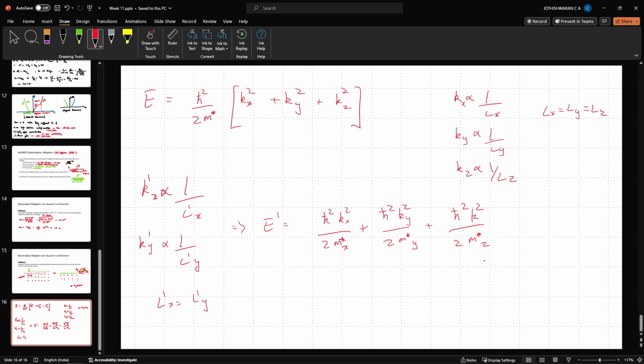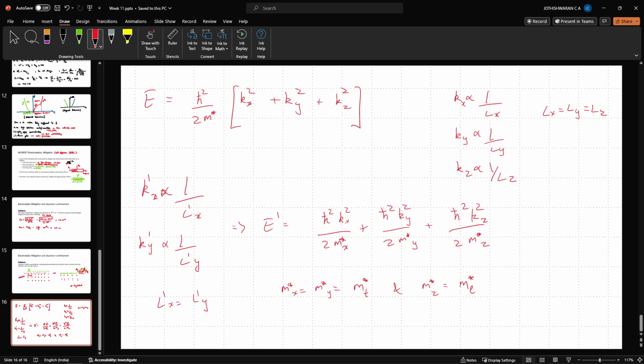Now I will say m star x equals m star y equals m star transverse, and m star z is equal to m star longitudinal. So now the electrons, depending on their direction of motion, have two different effective masses.